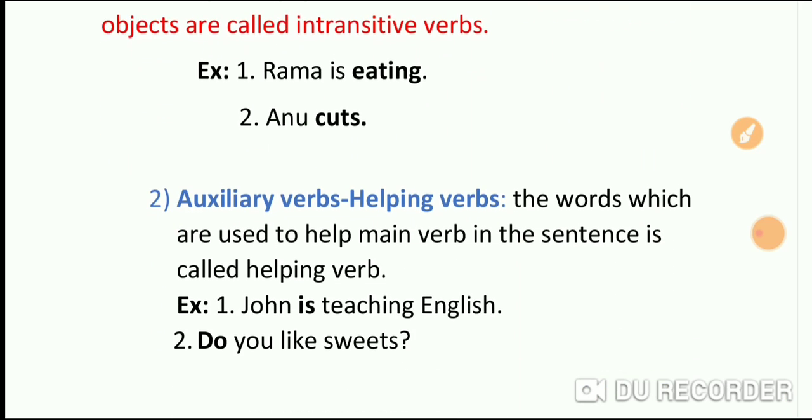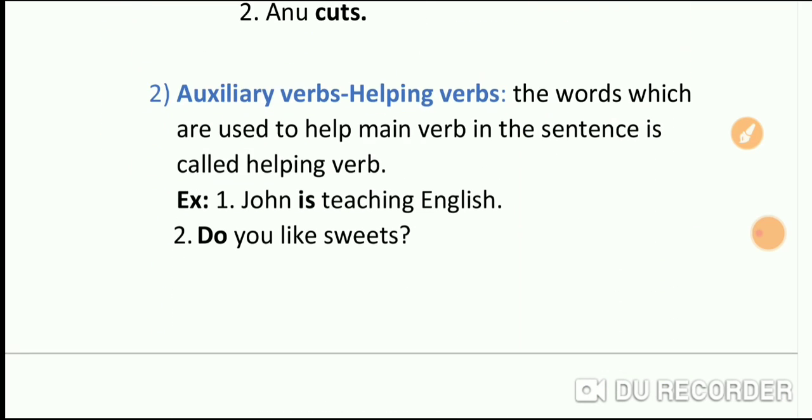And the second main kind is in finite verbs. One more time, let me repeat. There are two kinds in verbs. First one is finite, second one is non-finite. In finite there are two kinds. First one is action verbs or main verbs or principal verbs, and the second one is auxiliary verbs.